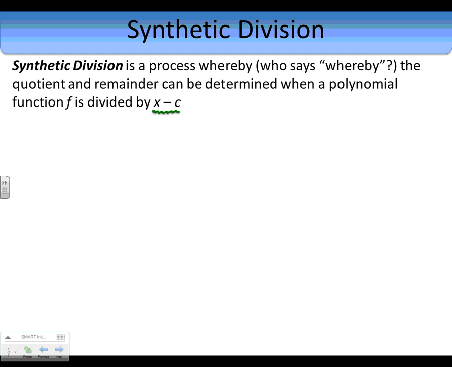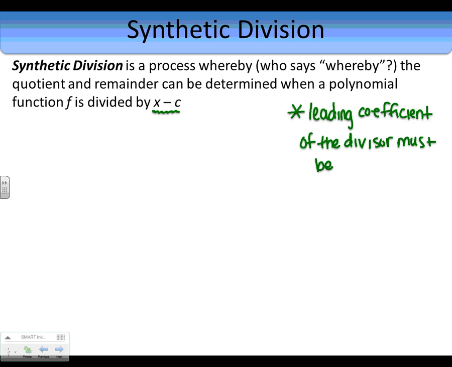There's a couple things that have to be true about that. You'll notice in x minus c, the leading coefficient of the divisor must be 1. In this x minus c, my leading coefficient in front of the x is a 1.